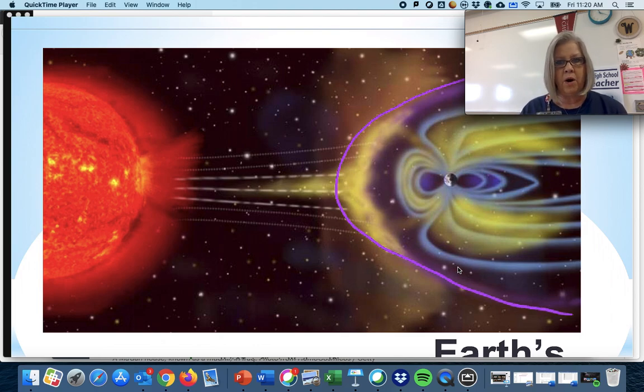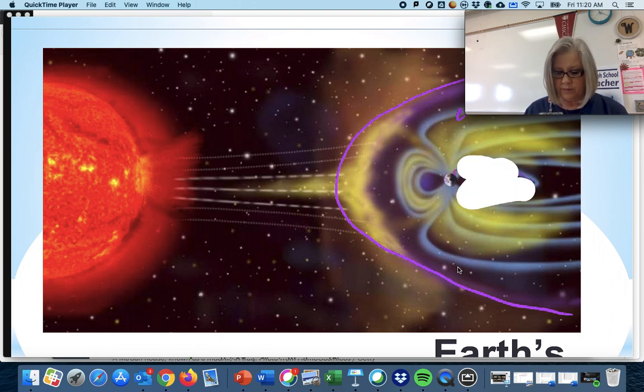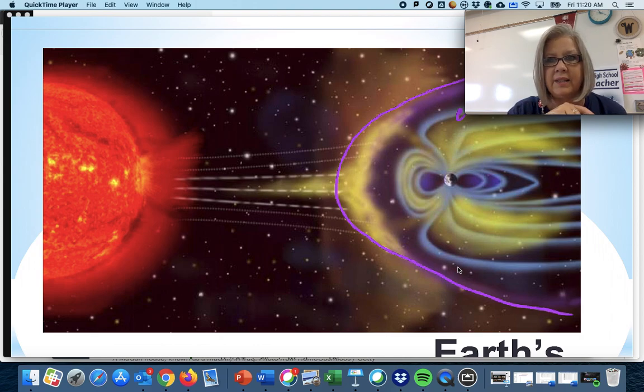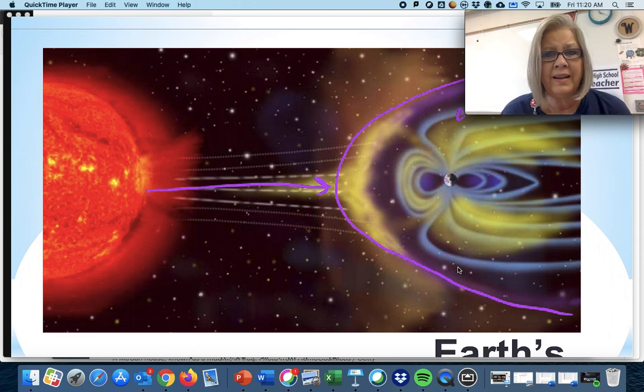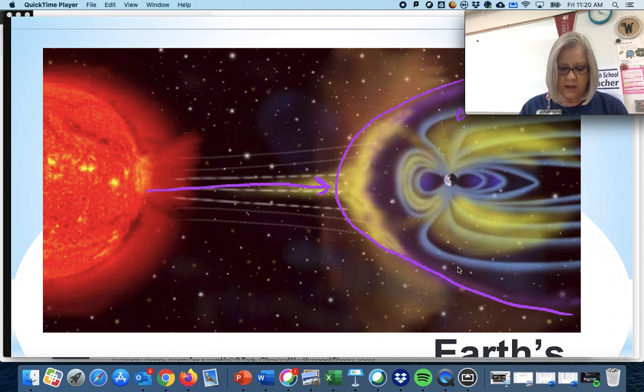The charged particles from the interior of the Earth are being given off, and most of these are electrons. These are known as the Van Allen belts, and some other terms as well. What these do is protect us from solar radiation. The solar radiation comes in, hits the magnetosphere, and then that radiation is sent away from the Earth.